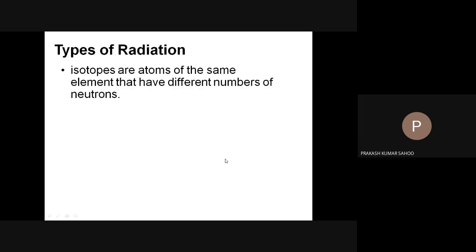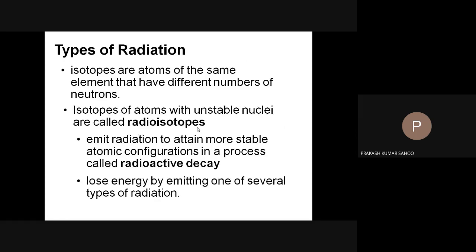In types of radiation we have alpha radiation, beta radiation, gamma radiation, depending upon the type of isotope. Isotopes are atoms of the same element that have a different number of neutrons, that is, the same atomic number but different mass number. So when the mass number varies, the number of neutrons varies.